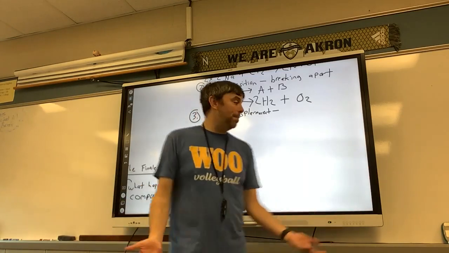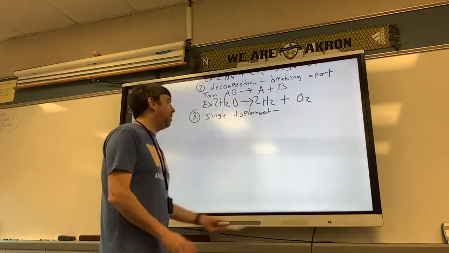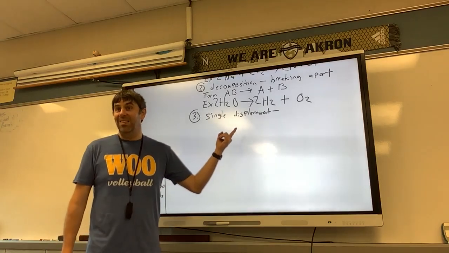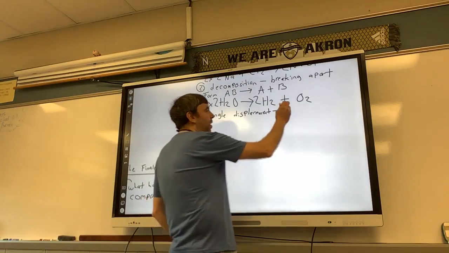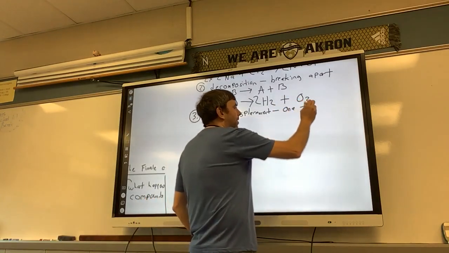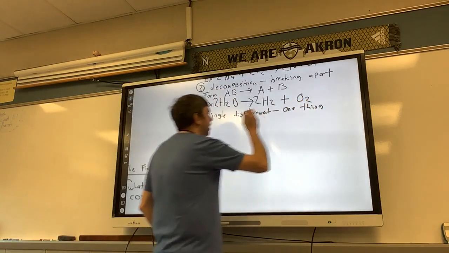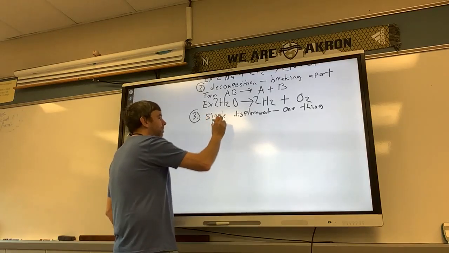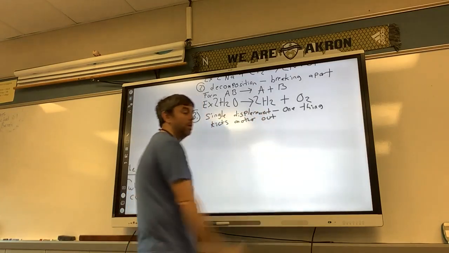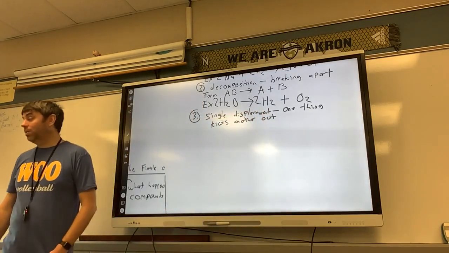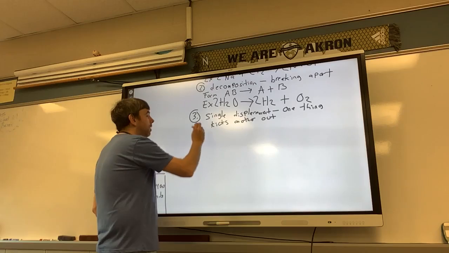So what happened to my brother is this third type, he was singly displaced, okay? He was singly displaced because this is where one thing kicks another out. Betsy's a thing.